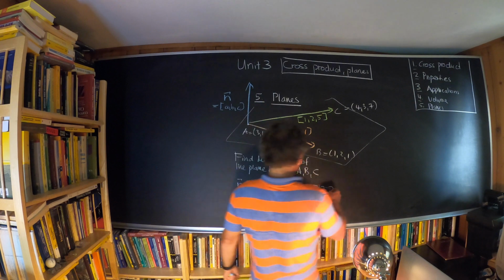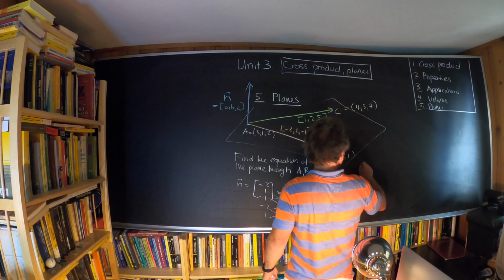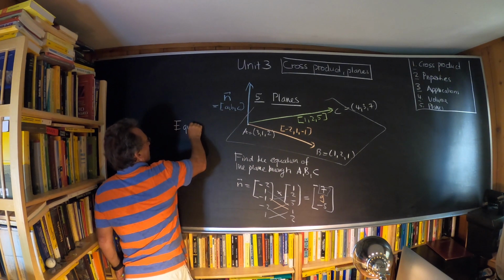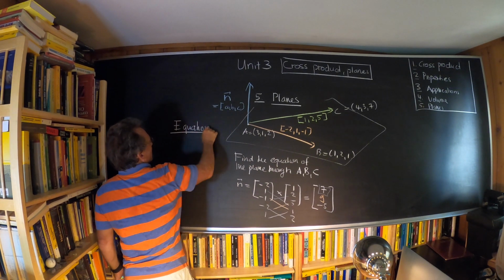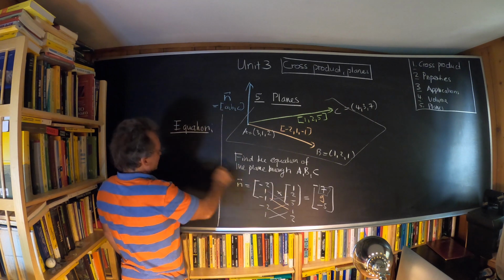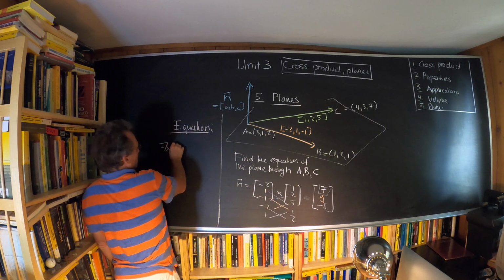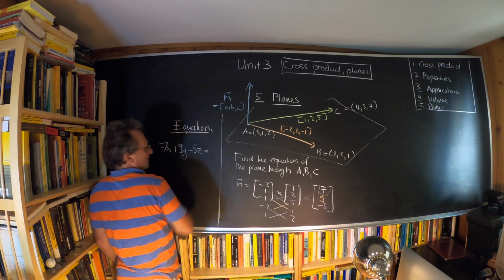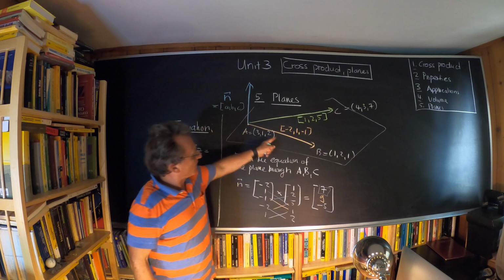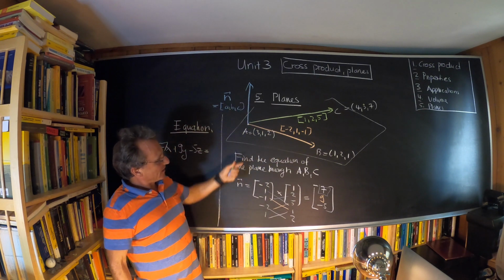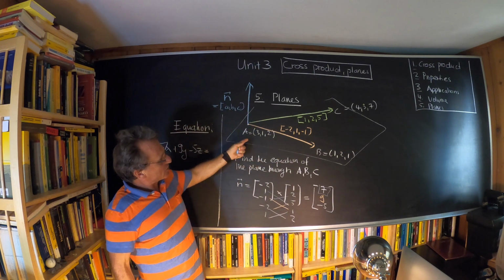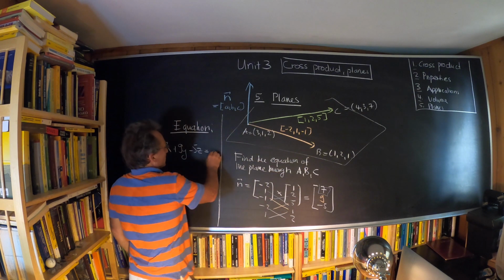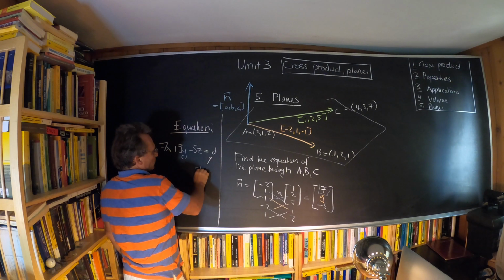So we can just write down the equation of the plane: 7x plus 9y minus 5z. And now comes the magic. We want to find this constant d. So just take one point and stick it in. The d here you get by just sticking in one point.